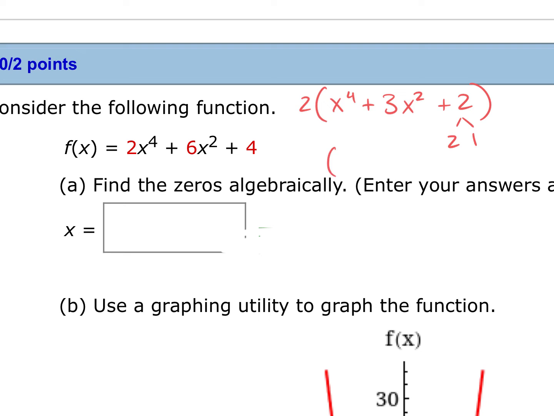So how would I write that in my parentheses? Be careful because we start with an x to the 4th power. So it'd be x squared plus 2 and x squared plus 1.